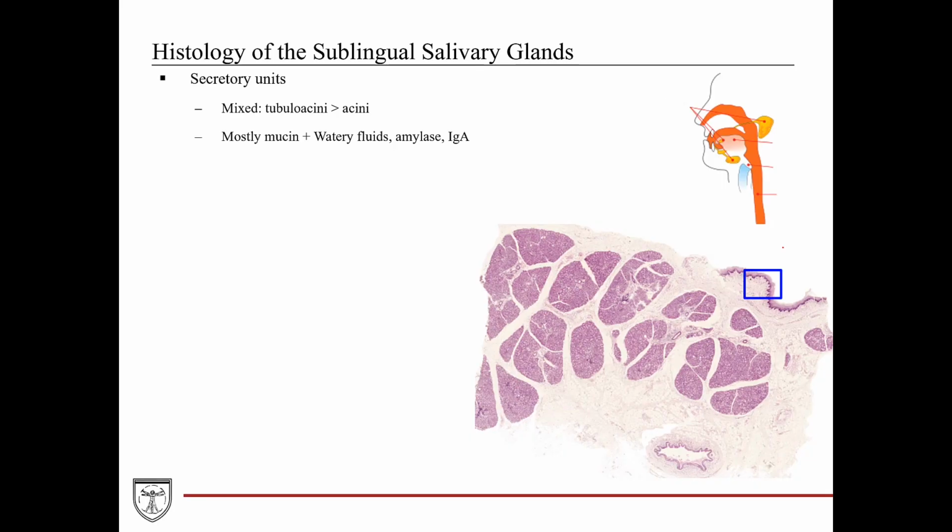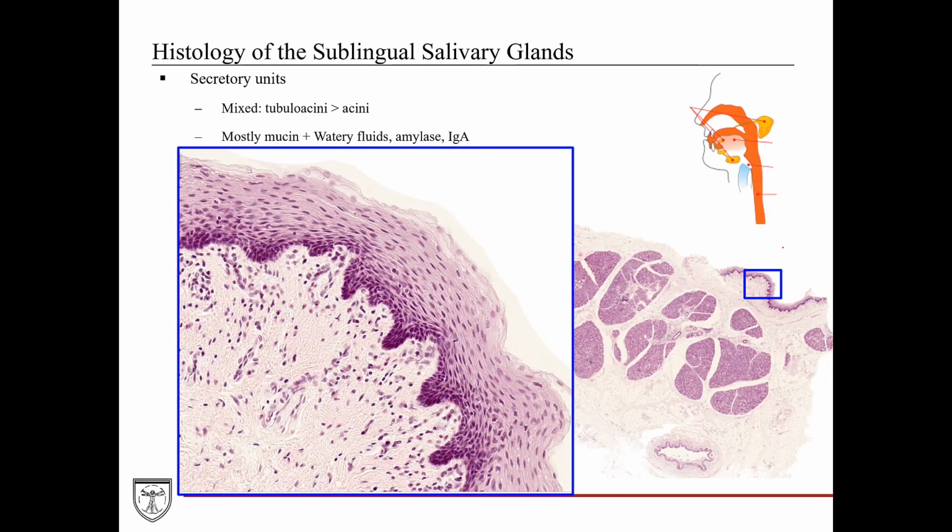When we look at that boxed area at higher magnification, we can appreciate that this is a lining epithelium of the oral mucosa that is comprised of non-keratinized stratified squamous epithelium with the underlying loose connective tissue. So we can actually see the anatomy of the sublingual salivary glands from this histological tissue.